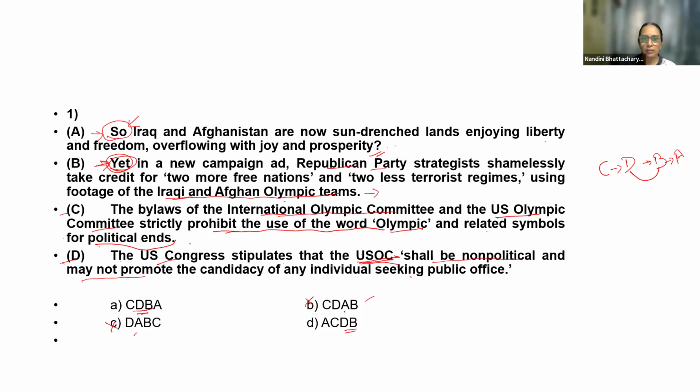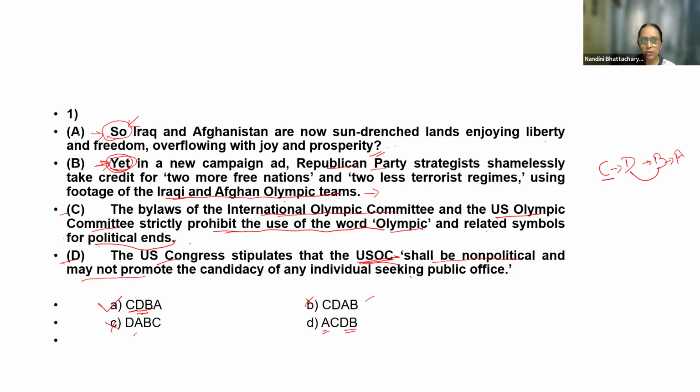Now here we have C coming first, which we figured has to come first, and A is definitely not an introduction. So our answer is A.